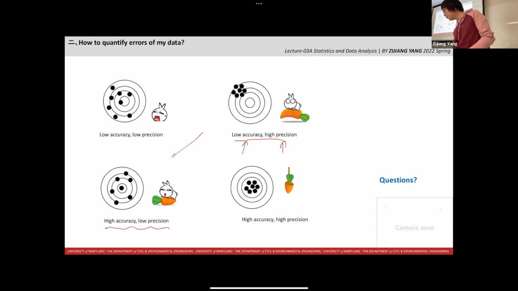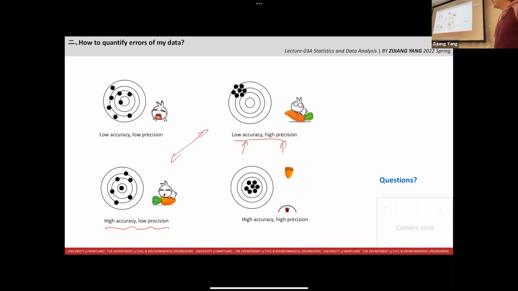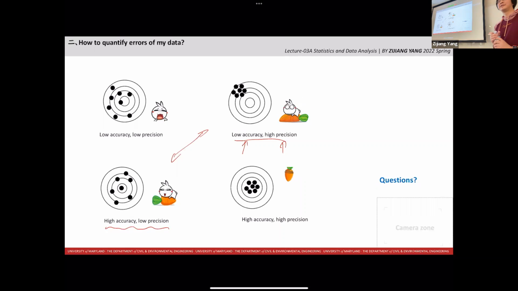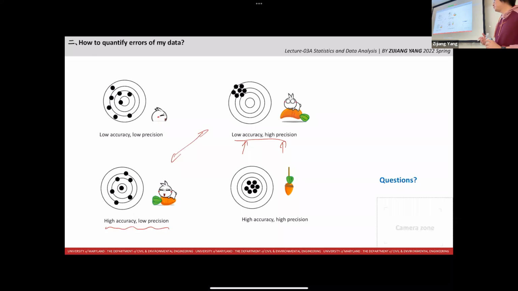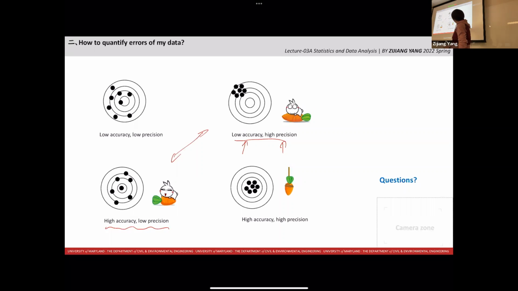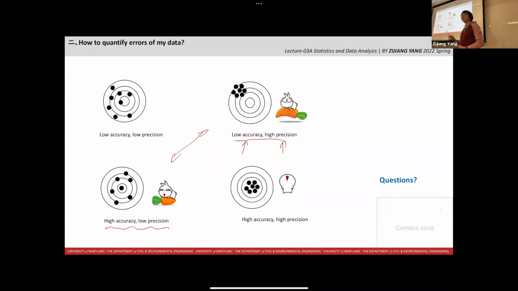So between these 2 options, which one do you guys prefer? High precision with low accuracy. How about others? I would say high accuracy, low precision.